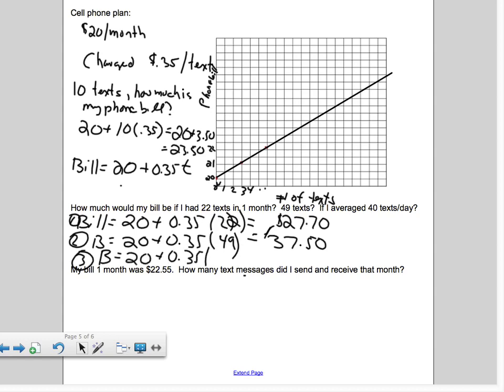That's great. So how many texts would I have in 1 month then? Well, I average 40 a day. How many days in a month roughly? 30. It's 1,200. So 1,200 texts in a month, which I'm sure some of you could actually achieve.